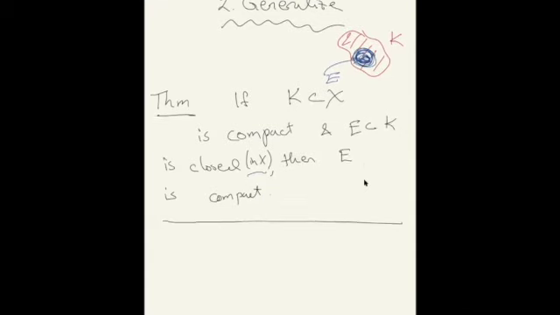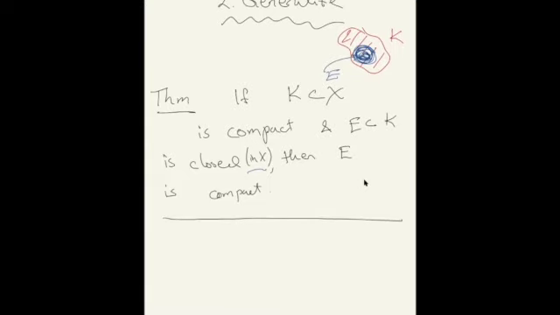Then E is compact. So any closed subset of a compact set is itself compact.